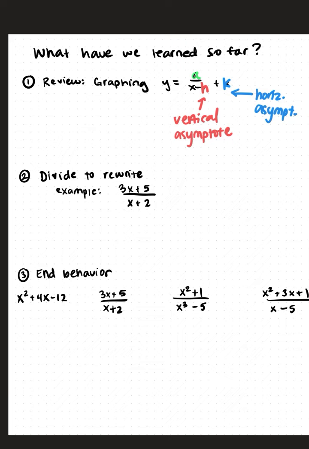The first way is just by dividing. If you divide 3x plus 5 by x plus 2, x plus 2 goes into 3x plus 5 3 times. But that leaves you with 3x plus 6, which means you're going to end up with a remainder of -1.